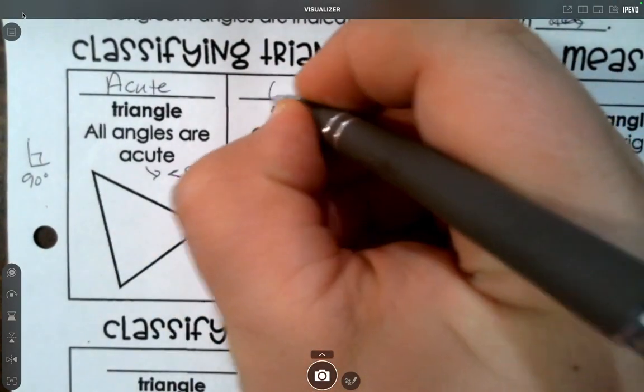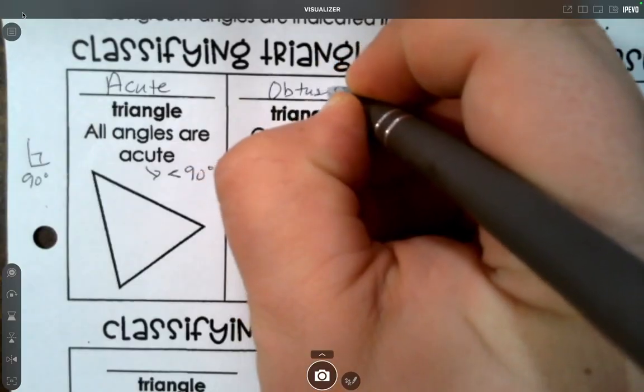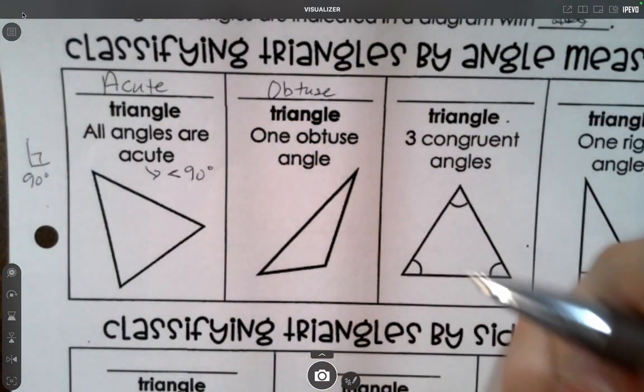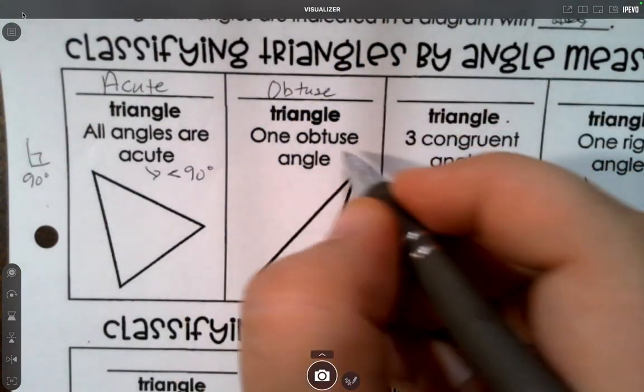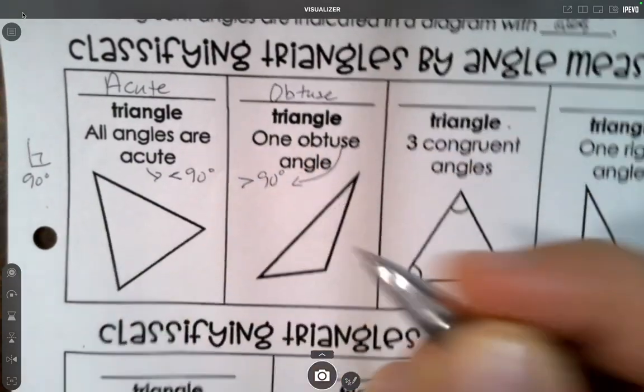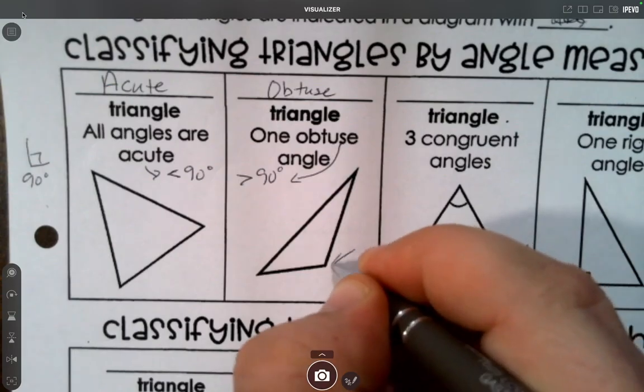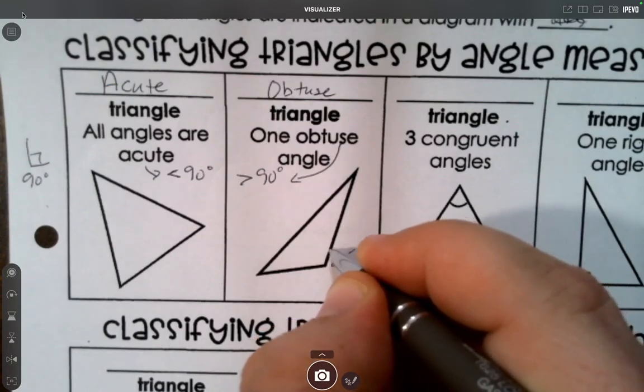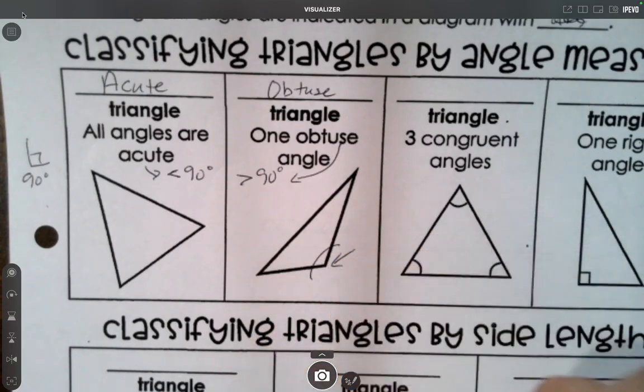It's called an obtuse triangle if there is one obtuse angle. And obtuse means greater than 90 degrees. So it's this angle right here. I'm not saying it's equal, I'm just trying to mark what I'm talking about. This angle right here is what makes this triangle obtuse.